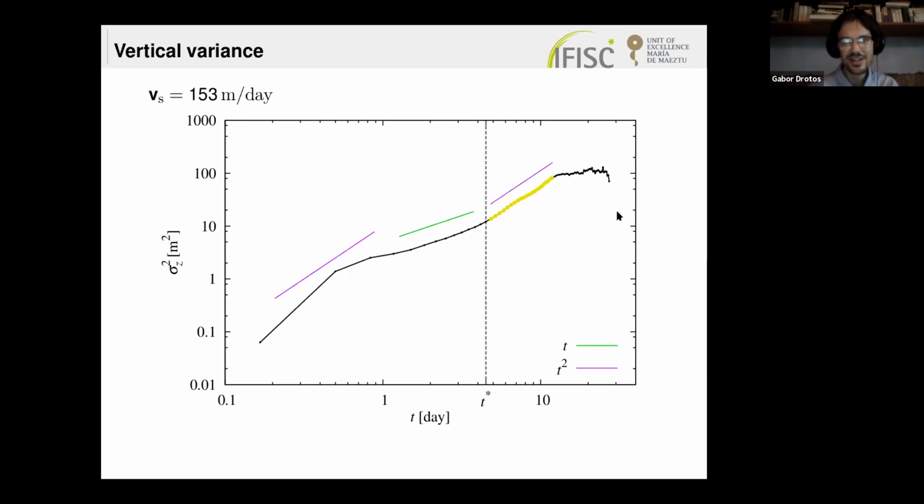And then the estimation that we obtain perfectly separates the normal diffusive and the ballistic regimes. And we regard this as a confirmation of the validity of Emilio's model, and a confirmation of the patchiness of the upwelling and downwelling pattern as the root cause of the appearance of this ballistic regime.